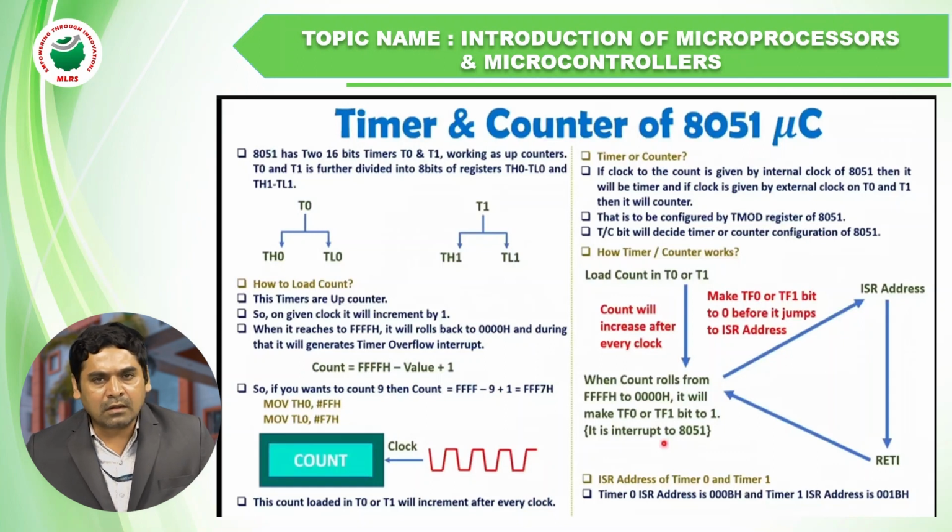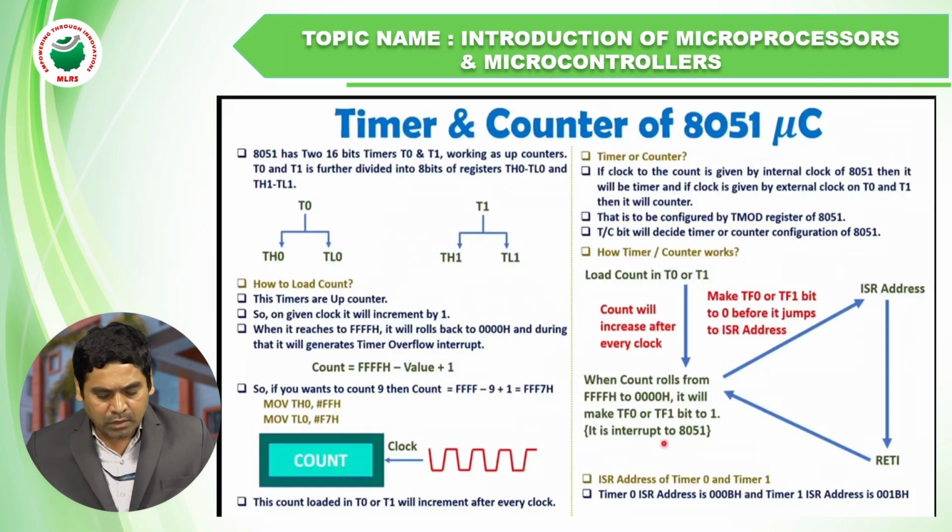When clocks come from external sources, it is called a counter. The 8051 has two 16-bit timers, T0 and T1. It takes clocks either internal or external.